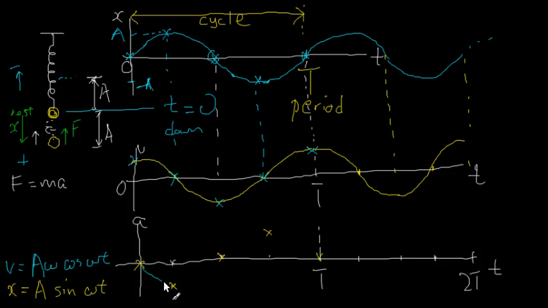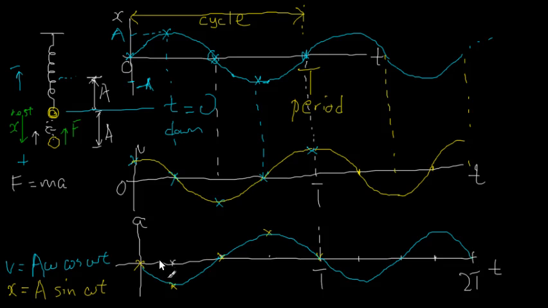Goes down, and up, and down. And because we know that the motion repeats itself, it's just going to look exactly the same in the next cycle. So that's what we have.